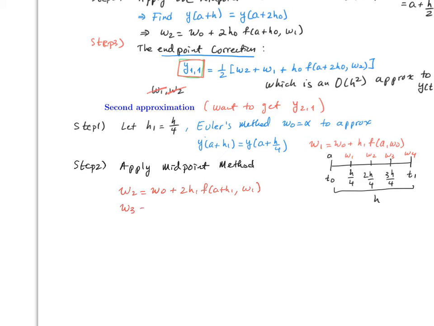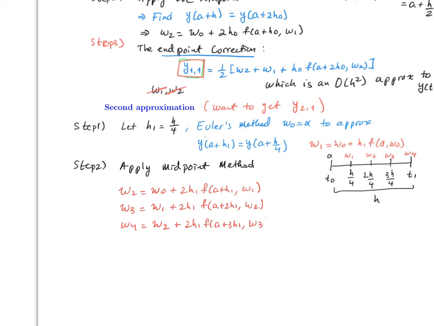Then you need W3, which is going to be W1 plus 2H1 f of a plus 2H1, W2. And then finally W4 is going to be W2 plus 2H1 f of a plus 3H1, and then W3.